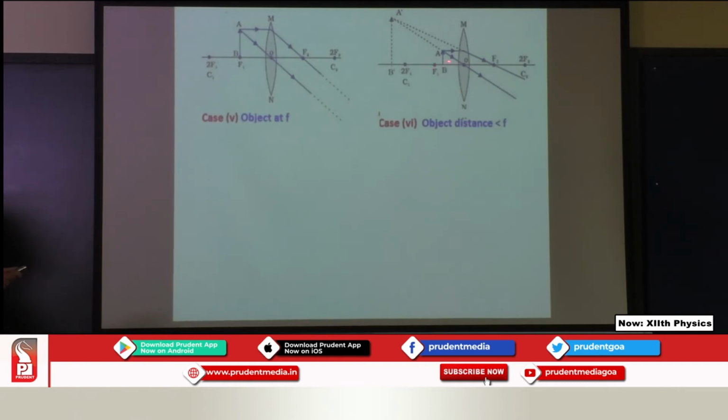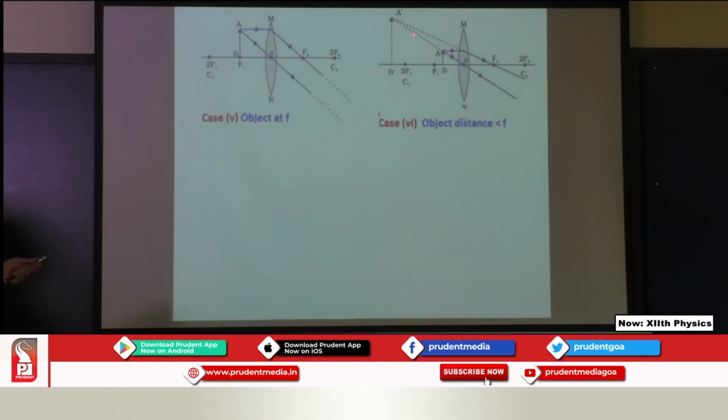Now, over here, I have brought the object closer to the lens and it has been kept between the optical center and the focus. So, same two rays: parallel to the principal axis going through the focus, and going through the optical center goes undeviated, and you can see these two rays are diverging from each other, they are not going to meet over here.